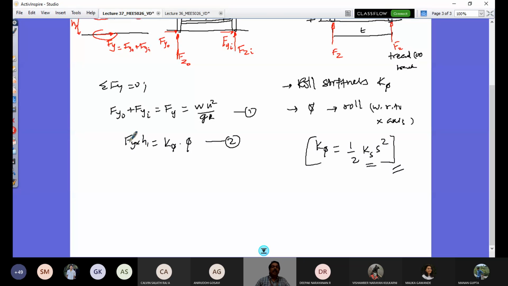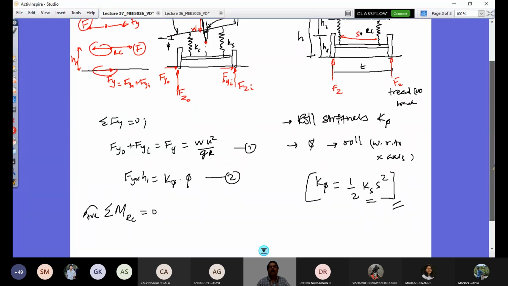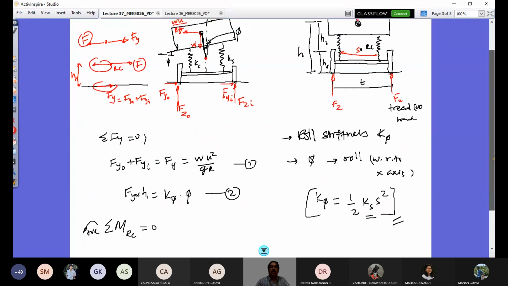And my third equation is, let me take moment balance or moment equilibrium at roll center, considering counterclockwise moment in this picture is positive. So if I do that, I have in this free body diagram, what are the forces? Just look at them. So here this distance is t. So let me write down that equation here.